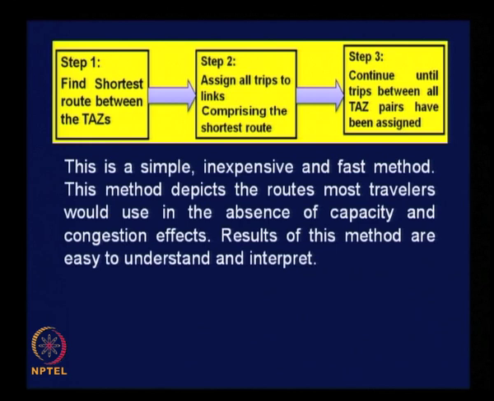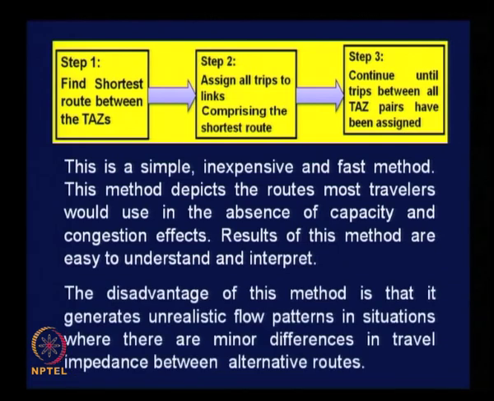Despite these advantages, this method has got one serious problem. The disadvantage of this method is that it generates unrealistic flow, unrealistic traffic assignment in situations where there are minor differences in travel impedance between alternative routes.